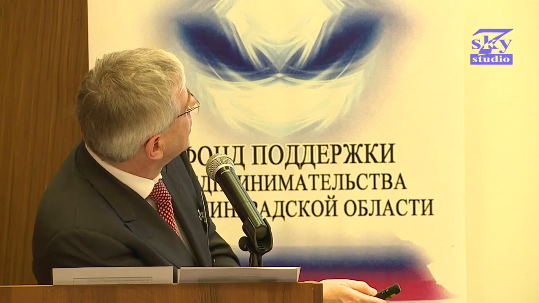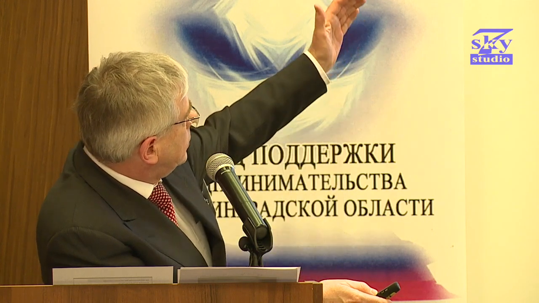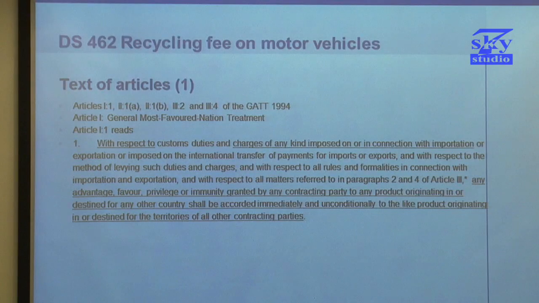Let me go to, for instance, Article I:1. Read the underlined text. With respect to charges of any kind imposed on or in connection with importation, any advantage, favor, privilege, or immunity granted to any product originating in any country shall be accorded immediately and unconditionally to the like product originating in or destined for the territories of all other contracting parties.